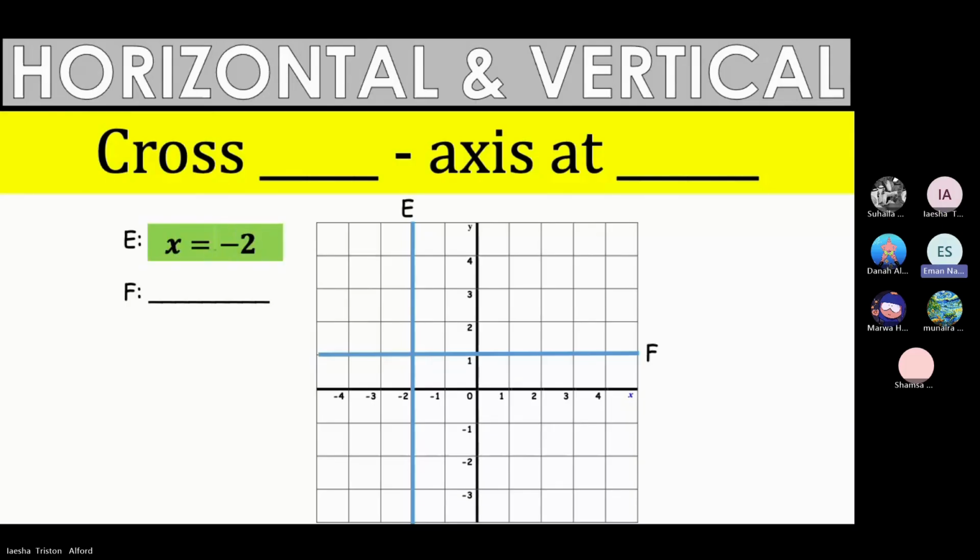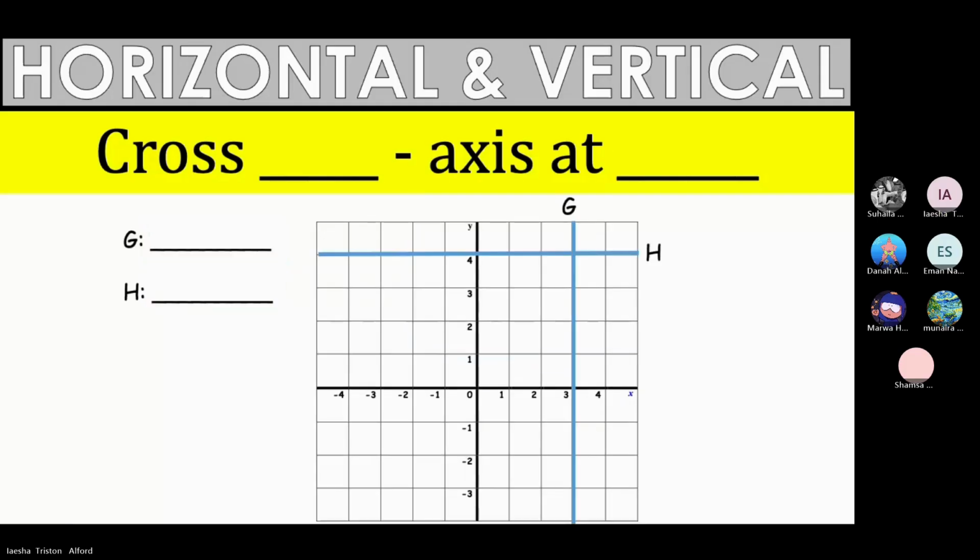Will be x equal -2. Good. So F, cross what? At y-axis at +1. Y equal +1. Fine. G, cross at x-axis at +3. X equal +3. Fine. H, cross y-axis at +4. So y equal +4.